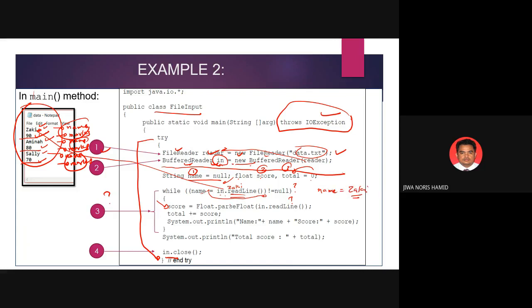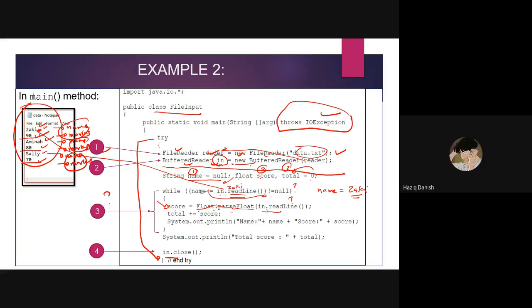And then if you go in the while, you akan nampak score Float.parseFloat. Okay, what is the purpose of Float.parseFloat? Apa purpose-nya? Tengok sini lah. Bila dia buat in.readLine, apa dia buat? Score equal to in.readLine.